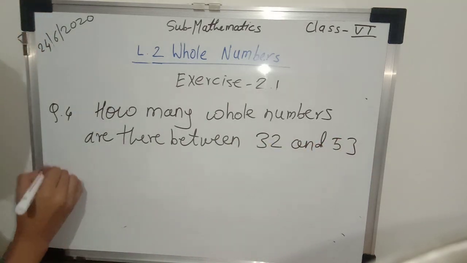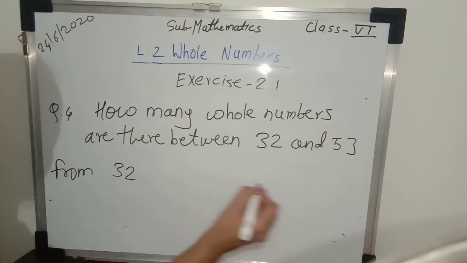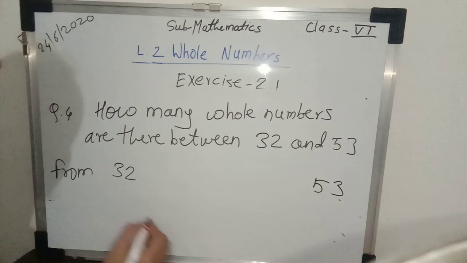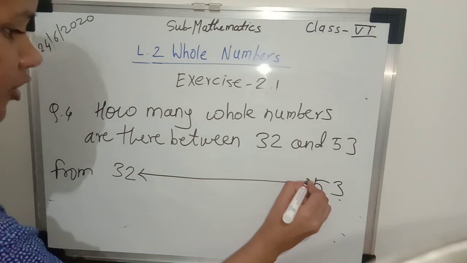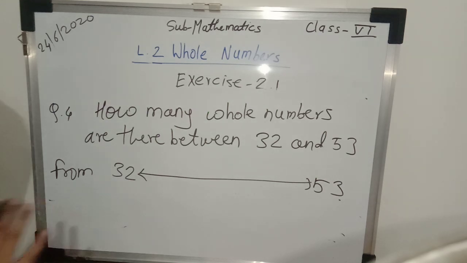The question is asking, from 32 to 53, how many numbers come between 32 and 53?